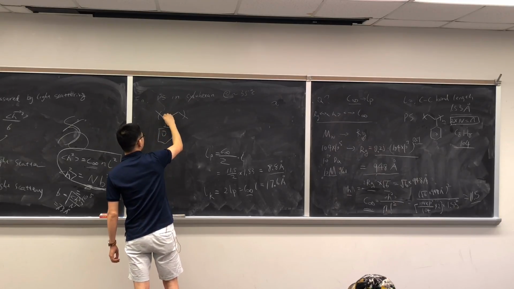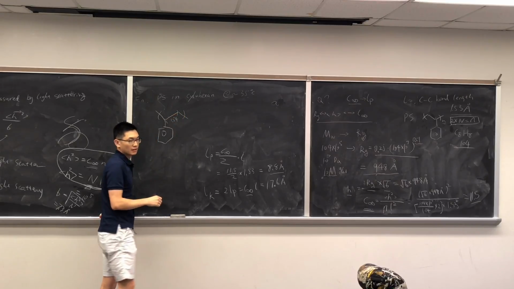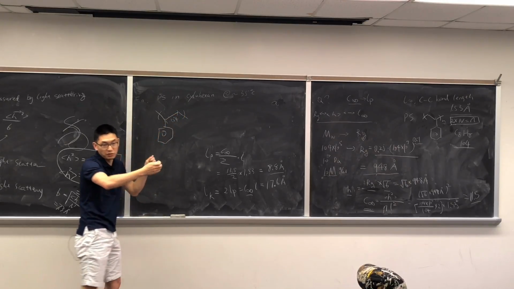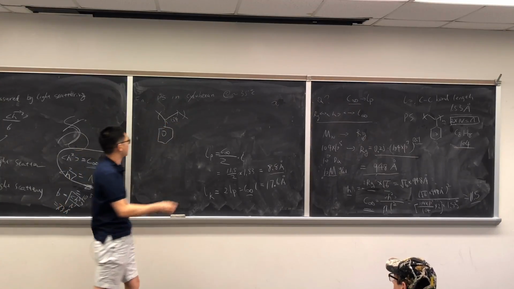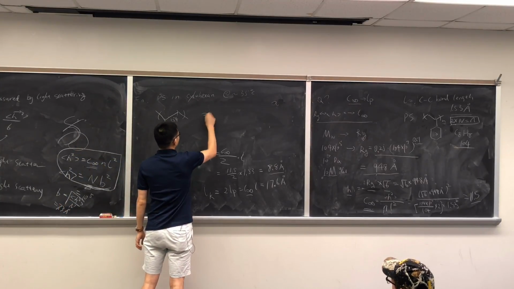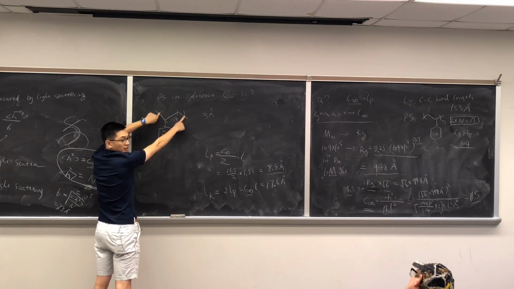So this distance is 1.53. And let's assume you pull them straight, you have 2 of them, so at most they're about 3 angstrom between these 2 points.